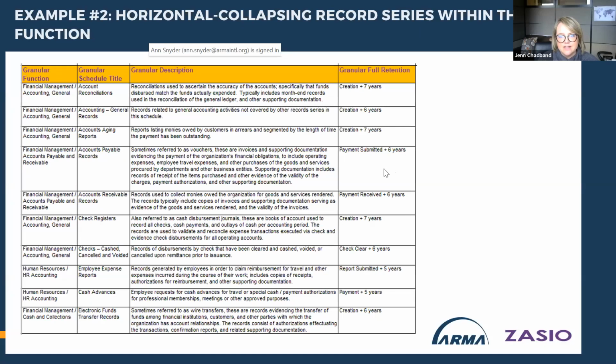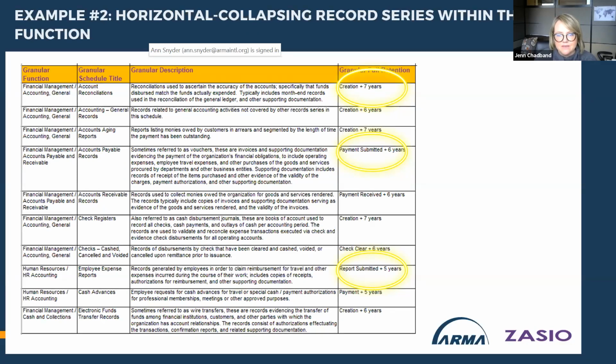So this is a kind of analysis that you can go through. This is supposed to be an example of horizontal going within one function. We have a couple sneaky ones that we pulled in here from HR, but that's just another example of not necessarily collapsing two entire functions together vertically, but pulling in things that are related to these higher level processes.